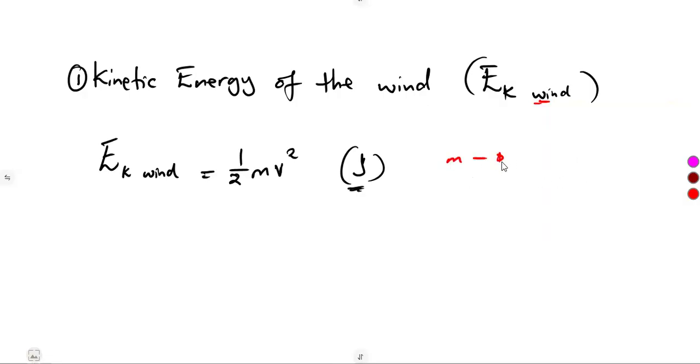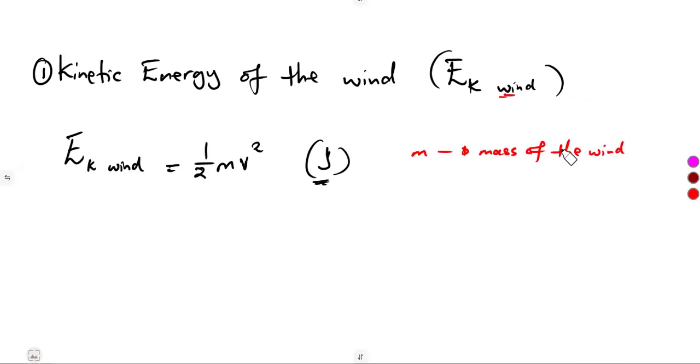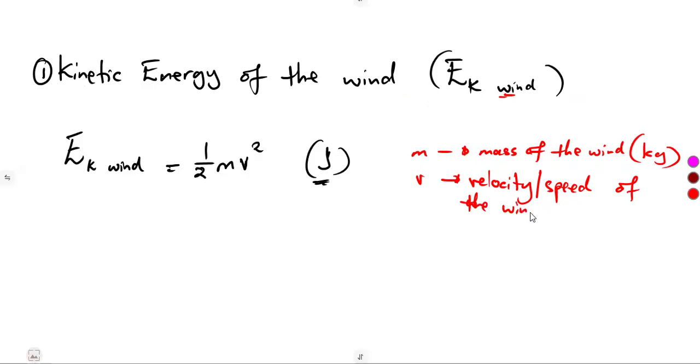The m represents the mass of the wind, taken in kilograms. The v represents the velocity or the speed of the wind, in meters per second.